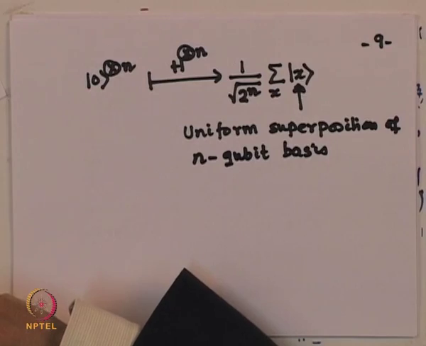This is a very important result because this uniform superposition of n qubit basis states we will be using quite frequently in our discussion. So suppose I pass this through Hadamard gates, of which my input was the linear superposition, then whatever function I am calculating is calculated corresponding to each one of them.